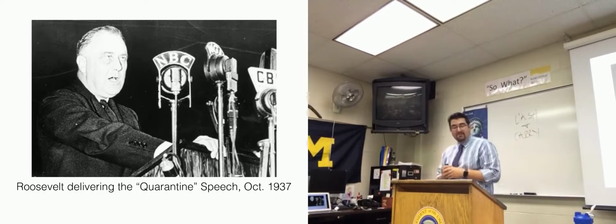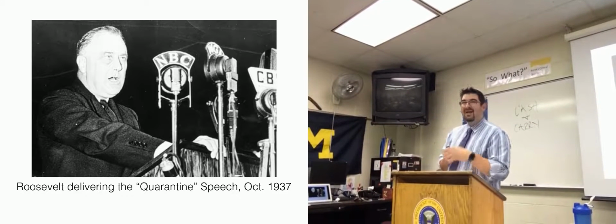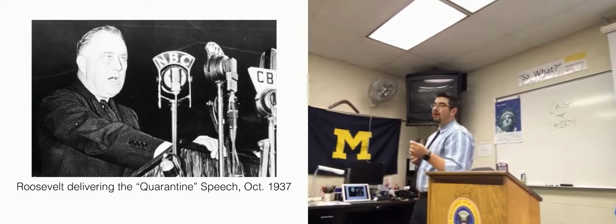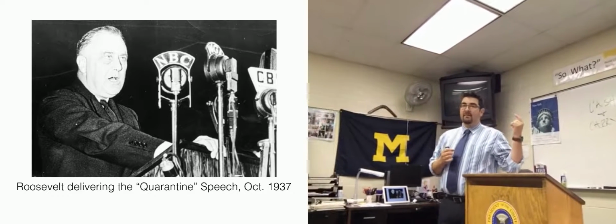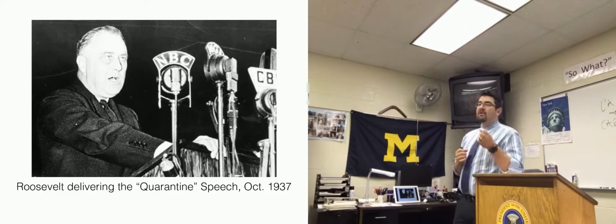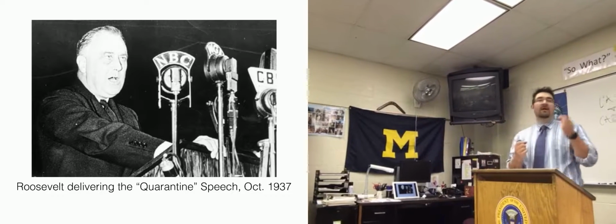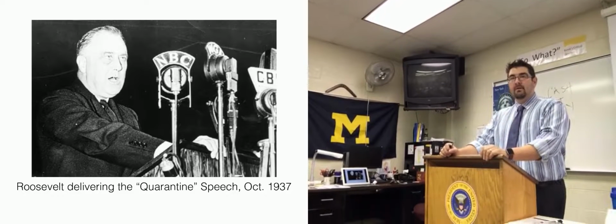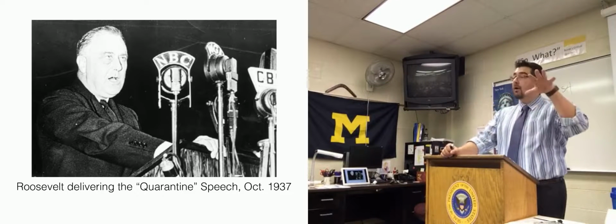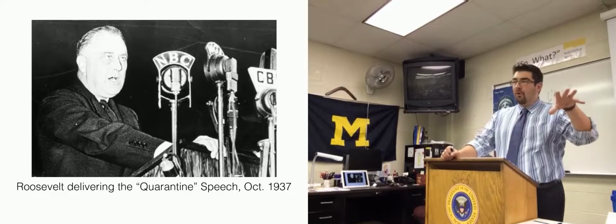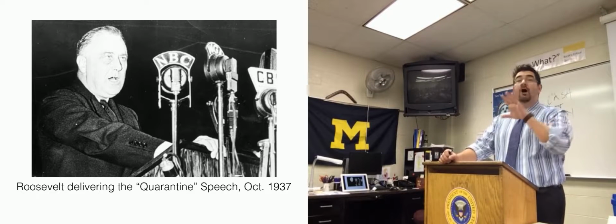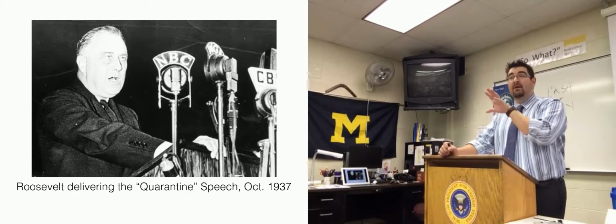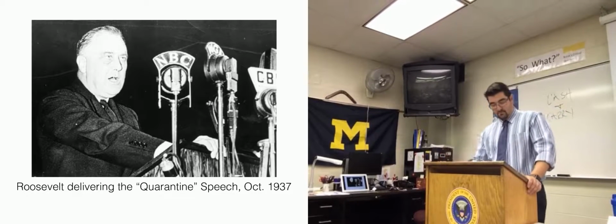As the European crisis worsens, some Americans in Congress and some Americans on the street started to support the idea of supporting the Western democracies like France and Britain. There began to be more Americans that were more supportive of Roosevelt's idea of doing something about the spread of European fascism.